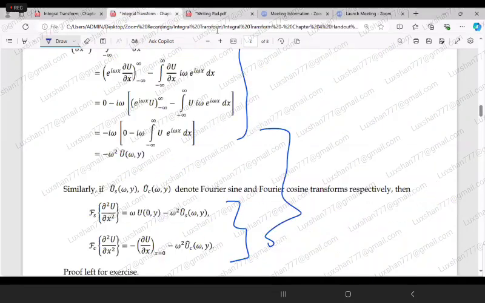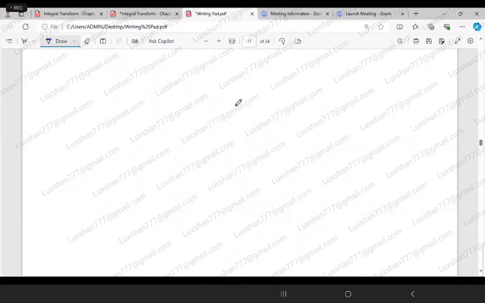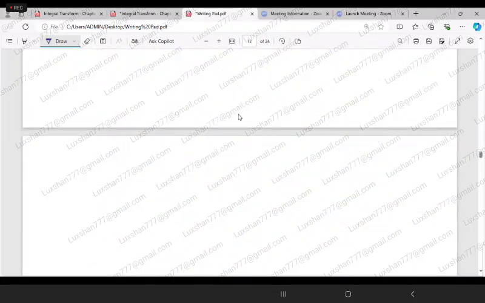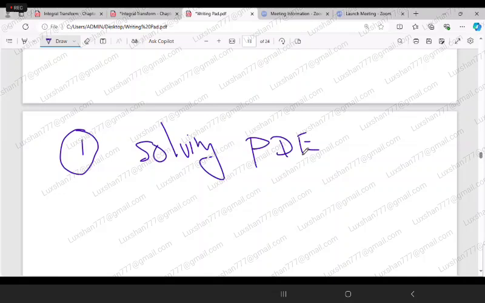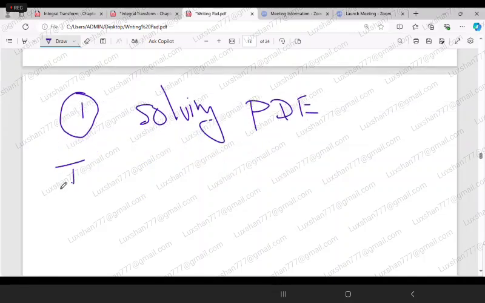Now we have three transformations. One is Fourier complex transformation. Now we are going to talk about solving PDE. Okay, so please use this as a rule of thumb.